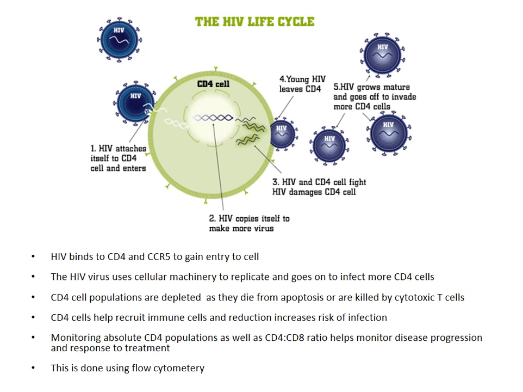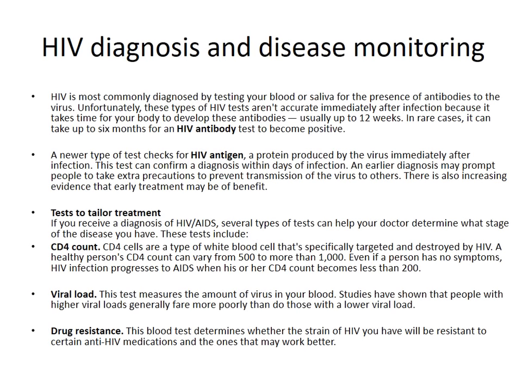But monitoring absolute CD4 populations as well as the CD4-CD8 ratio helps monitor disease progression in HIV. It also helps you monitor response to treatment. And for the purposes of this practical, CD4 and CD8 cell populations are monitored through flow cytometry.